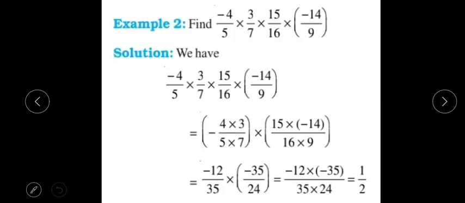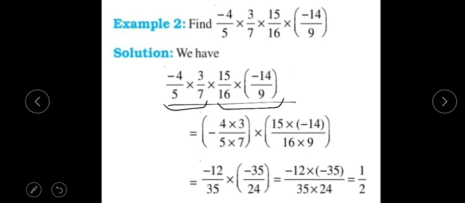Now again let's check this example: minus 4 upon 5 multiplied by 3 by 7 into 15 by 16 into minus 14 upon 9. So we have to solve this. Again we can use associativity. The simple method is to multiply these 2, then these 2.